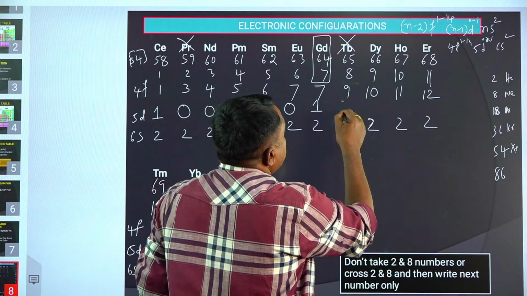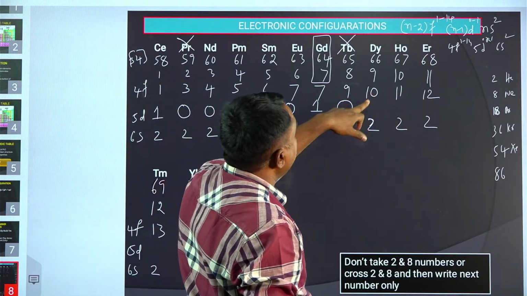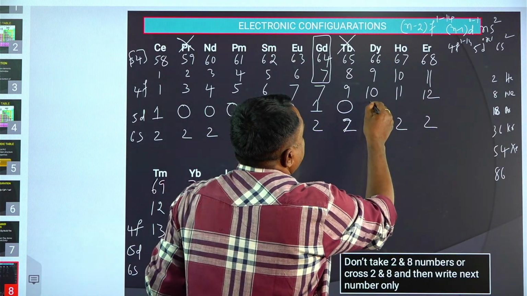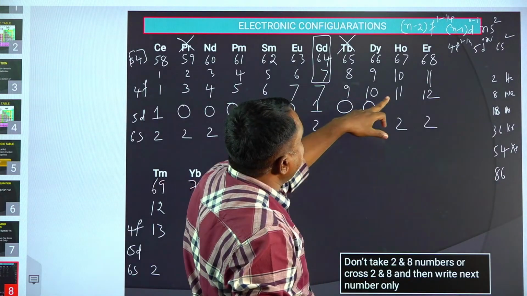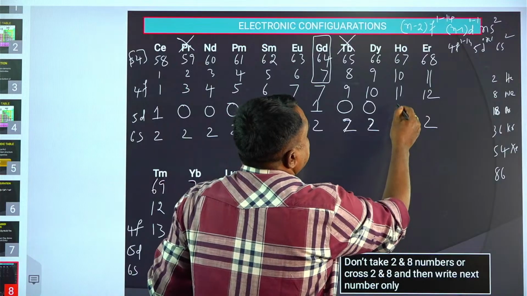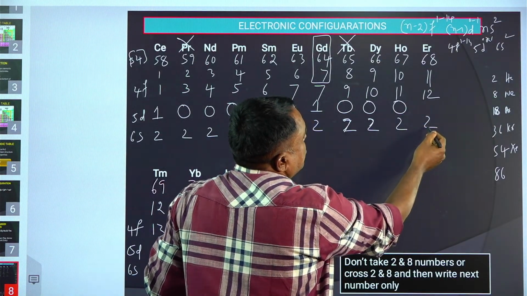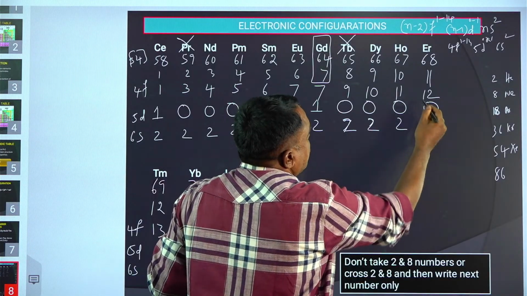Therefore again it is 0. And 54 plus 10 is 64, 64 plus 2 is 66. Therefore it is 0. And 54 plus 11 is 65, 65 plus 2 is 67. It is 0. And 54 plus 12 is 66, 66 plus 2 is 68. Therefore again it is 0.